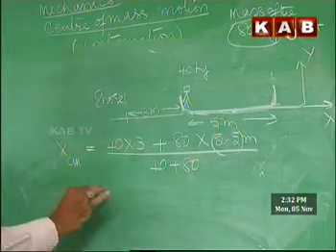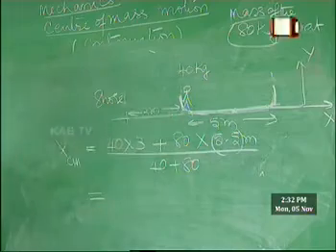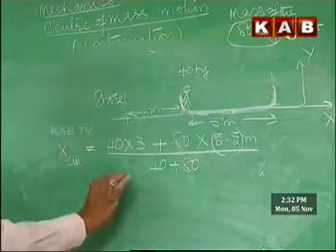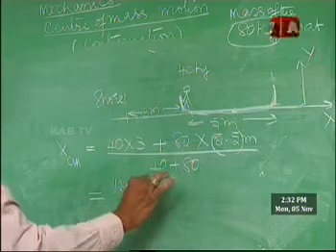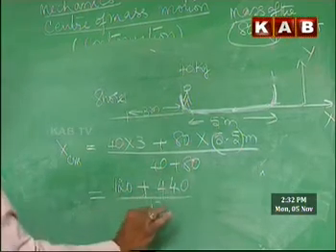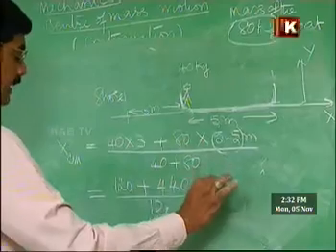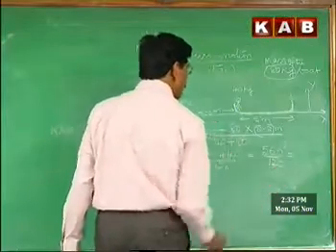So, therefore, the center of mass position comes out to be 120 plus 440, divided by 120, that is 560 divided by 120.